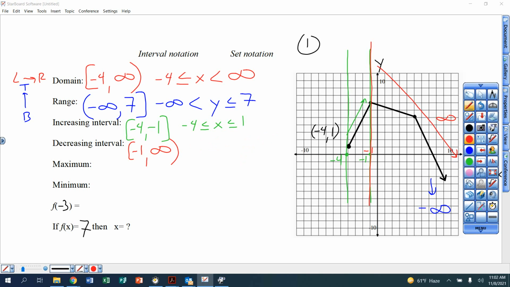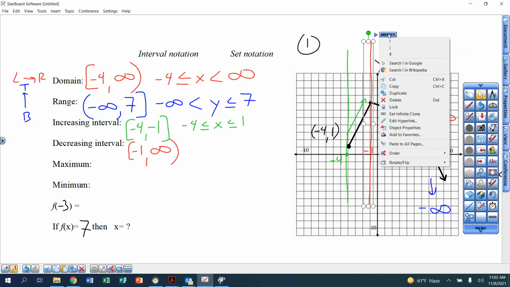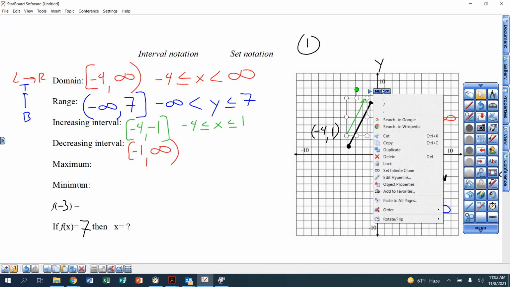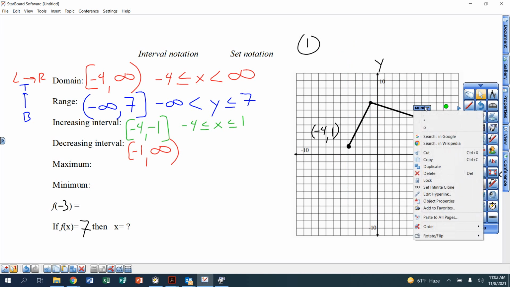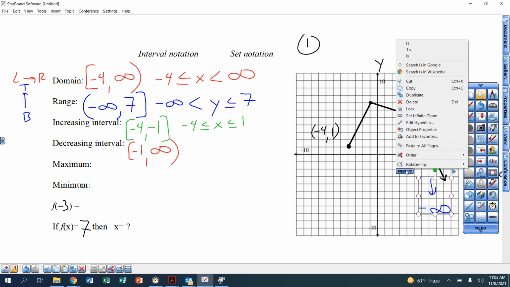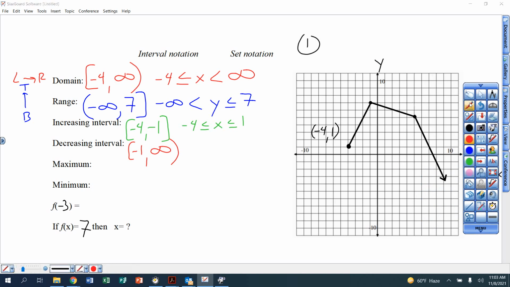All right, maximum is the highest point. Minimum is the lowest point if there is a minimum. Sometimes you have these arrows going off to infinity forever, which affects if you have a minimum or a maximum. I think for this graph, because my arrow is going down, there's going to be no minimum, no catching the bottom point.